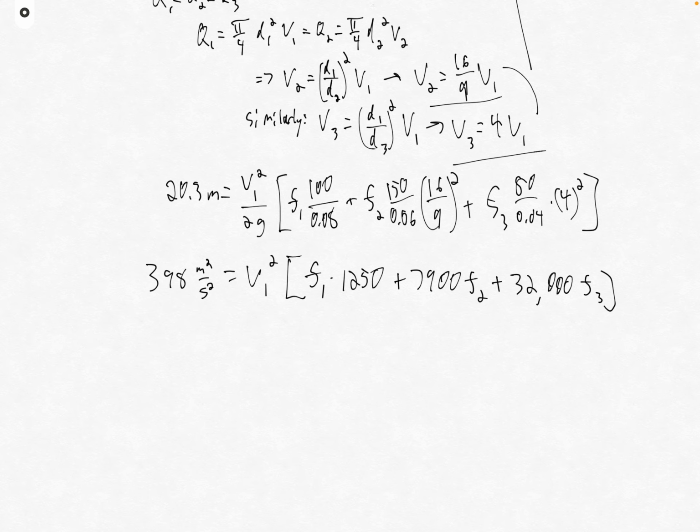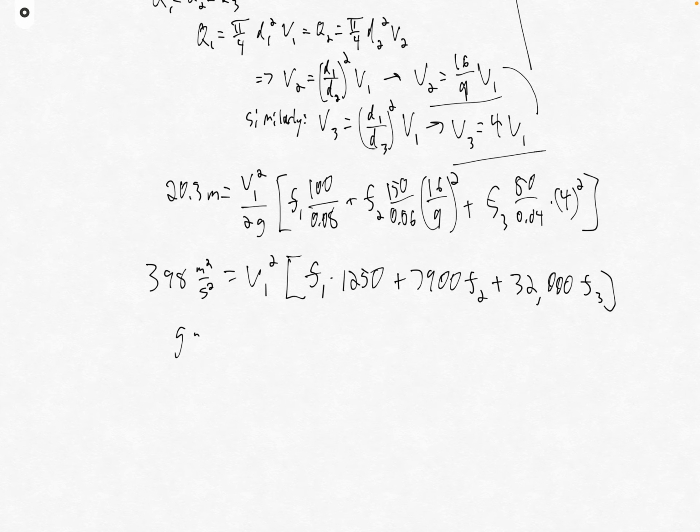So when we're doing our iterations with the Moody chart, we're going to have to look up three different friction factors. Once we've looked those up, or to start with, just guessed those three friction factors, we can then use this expression to directly compute for V. Once we've computed V, we can recompute all of the different Reynolds numbers. Remember, each pipe is going to have a different Reynolds number, and then start the iteration.